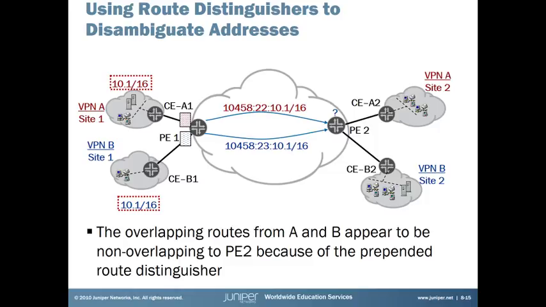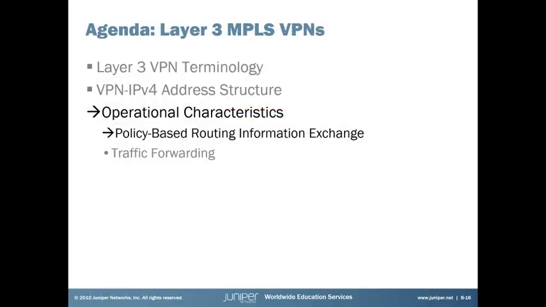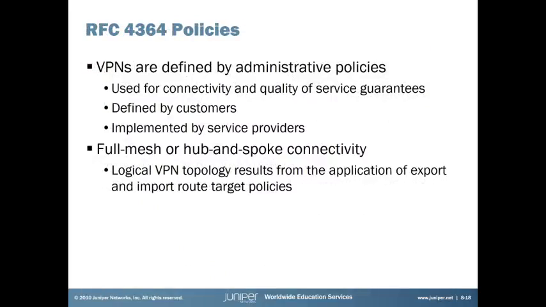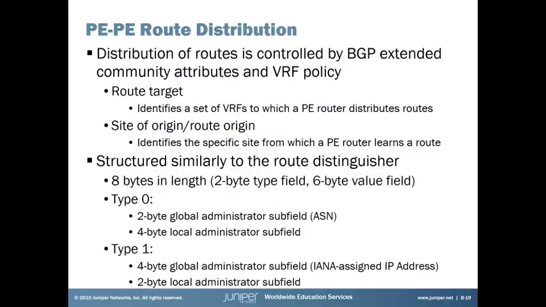So basically, we have a mechanism within our BGP policy to filter. That's a new thing, route targets. Distribution of routes is controlled by BGP extended community attributes and VRF policies. We have this thing called a route target.